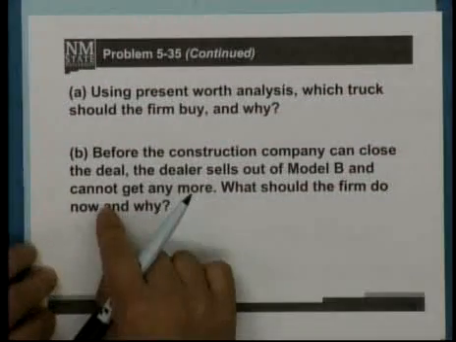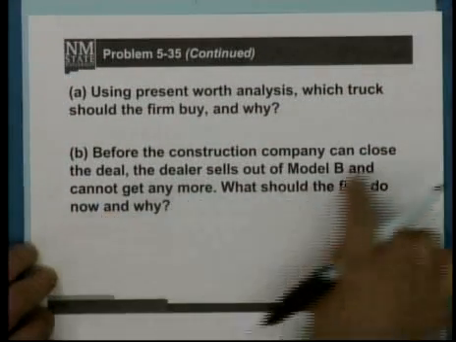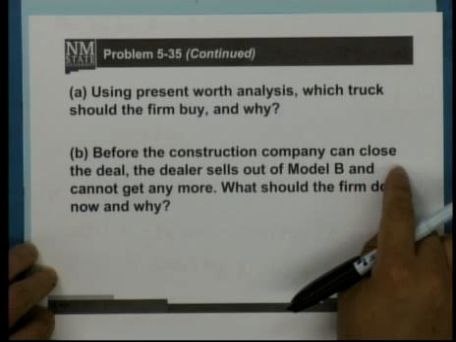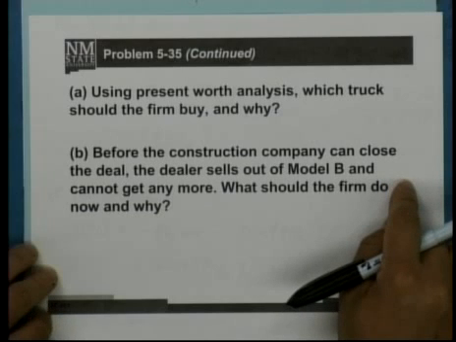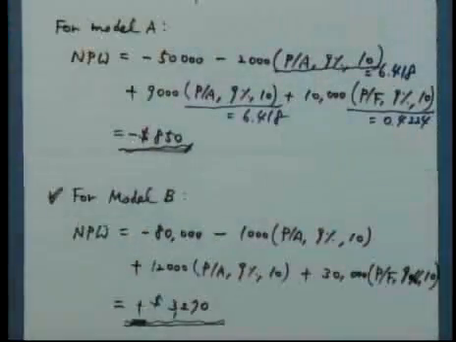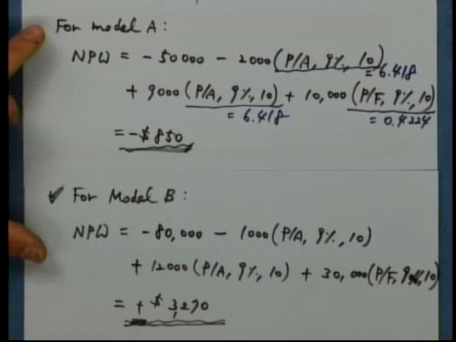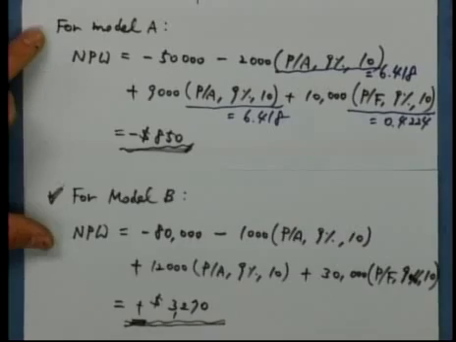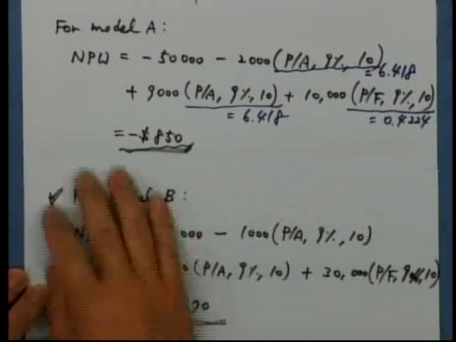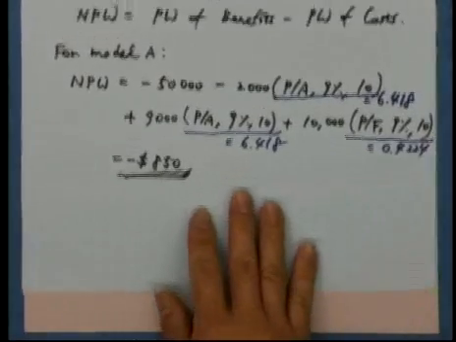How about question B? Before the construction company can close the deal, the dealer sells out of Model B and cannot get any more. What should the firm do right now and why? Okay, then how do you answer? Here's the situation. Originally, both models were available. But right now, Model B is not available anymore.